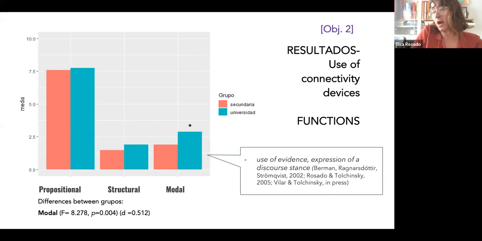Besides, we have people from our research group, Hugo Vilar and Liliana Tolchinsky, working on how these markers are also related to the use of evidence that allows the speaker to illustrate and exemplify this opinion by talking about specific examples, etc.